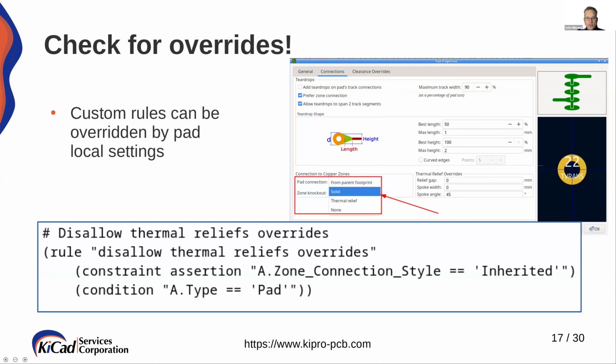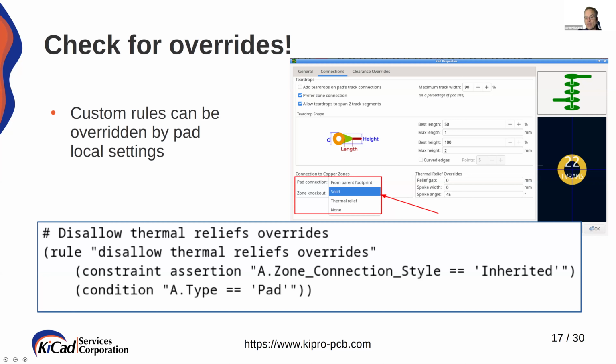The way you do this is you are going to assert. Again, the constraint is going to be an assertion, and you're asserting that something is true. You're going to assert that a.zone_connection_style, one of the properties of a pad, is equal to inherited when a.type is equal to pad.